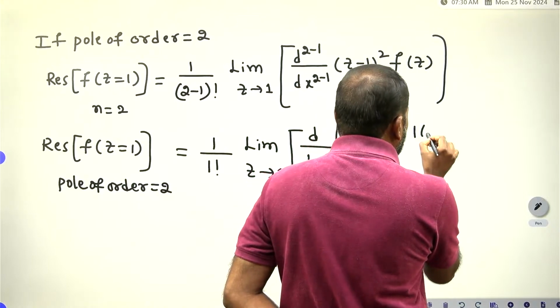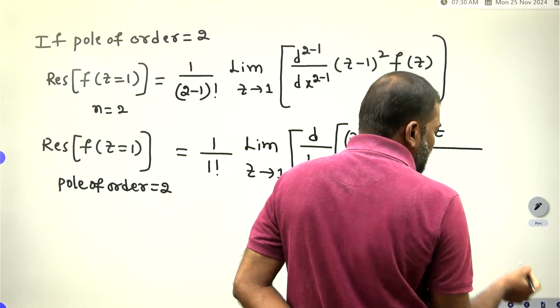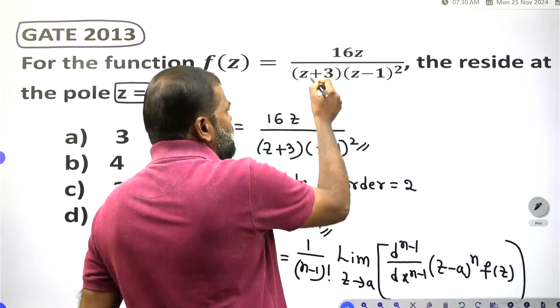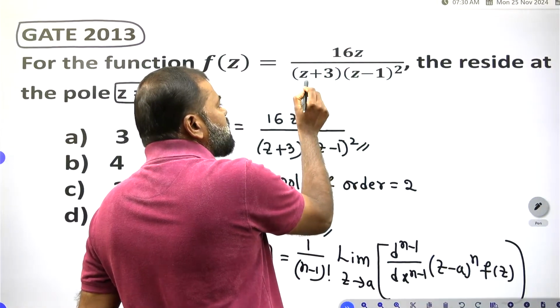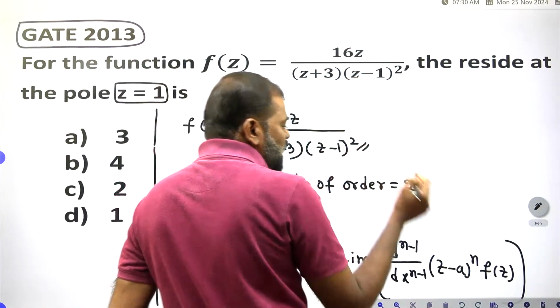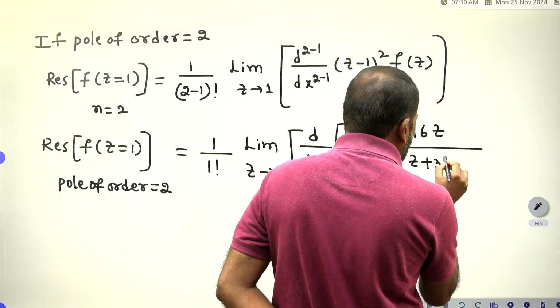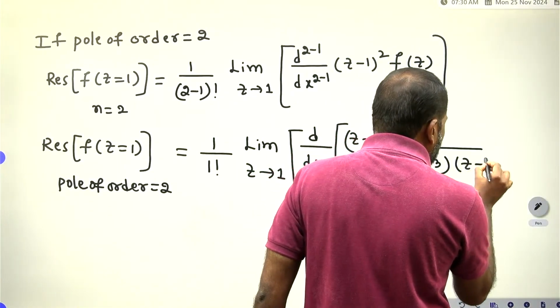What is f of z? f of z is equal to 16z divided by (z plus 3) into (z minus 1) whole square.